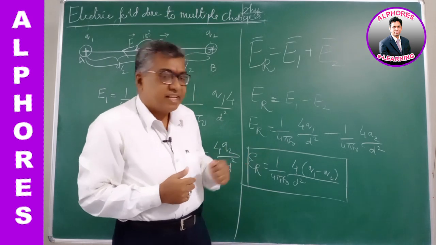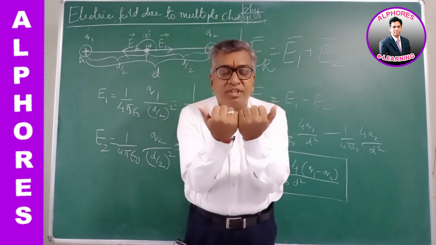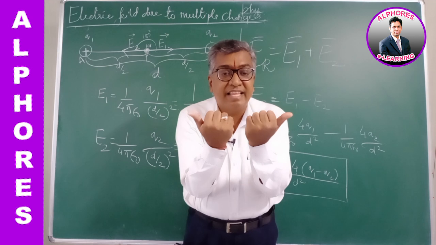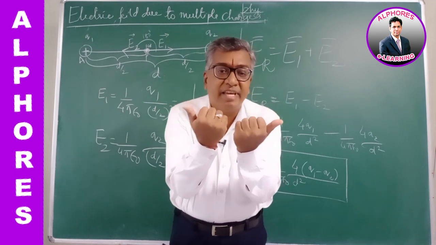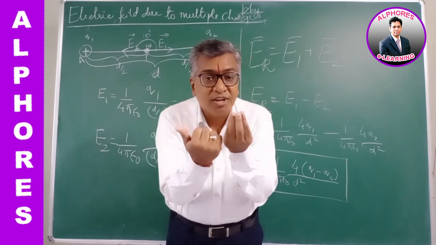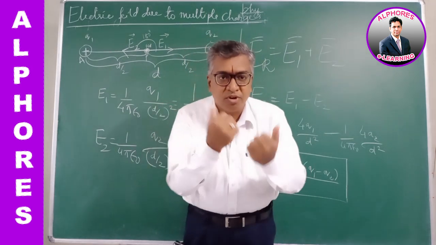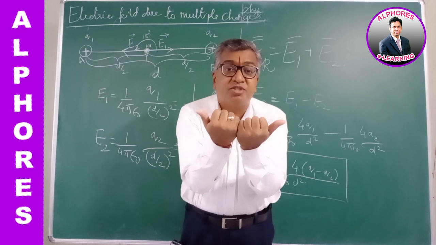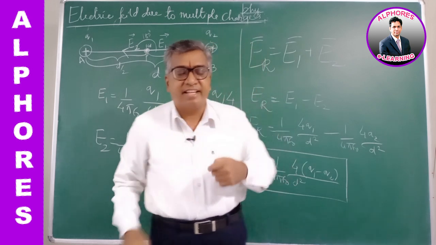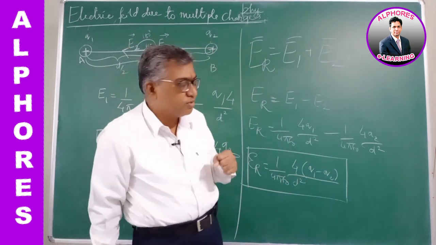But when two vectors are in opposite direction, then the resultant vector will be in the direction of the vector of bigger magnitude, the dominant vector. So out of these two, whichever vector is dominant, the resultant will be in its direction.